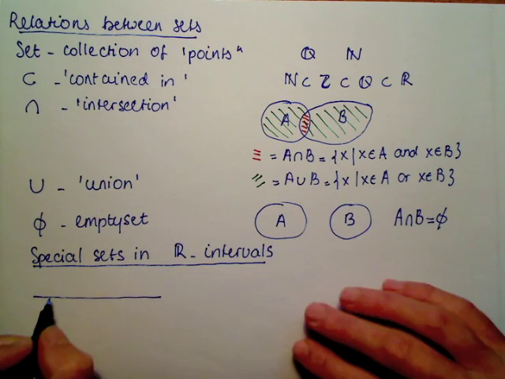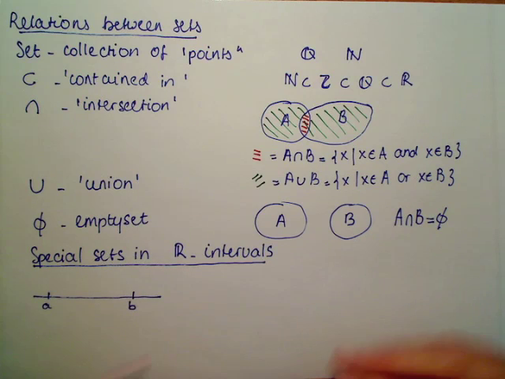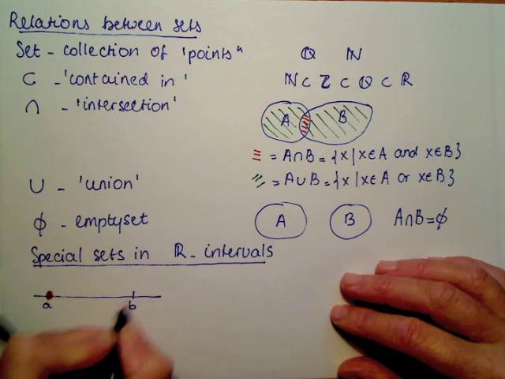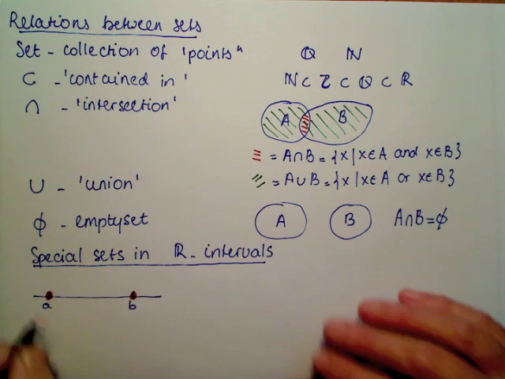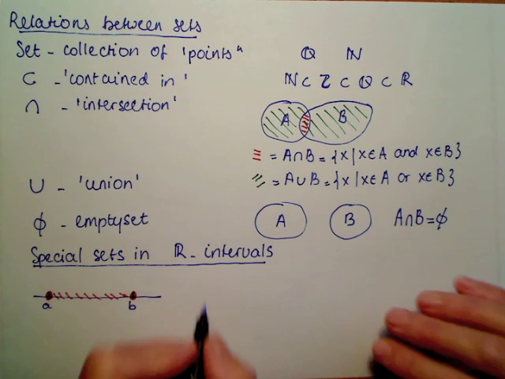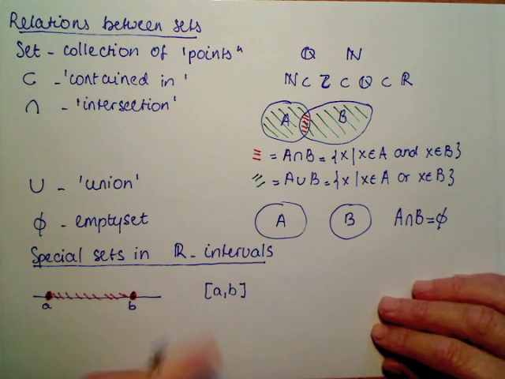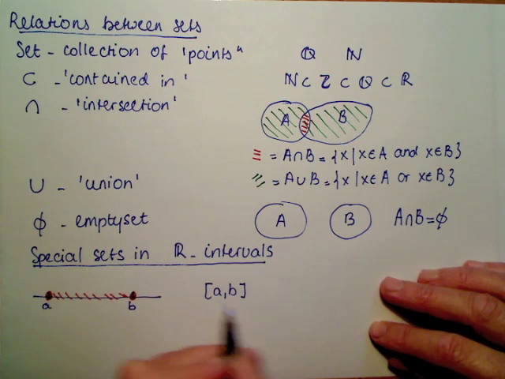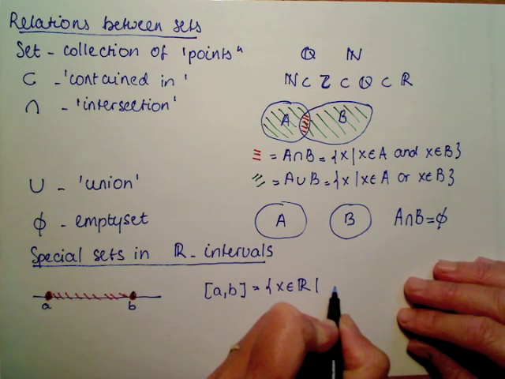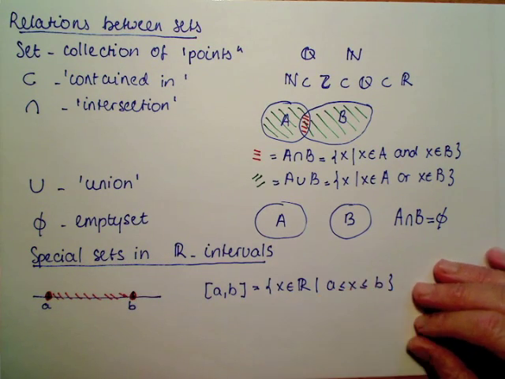Let us specify two numbers A and B, A smaller than B. Then the points between A and B can include the endpoints A and B. This collection of points is denoted by writing the numbers A and B with square brackets. Formally, we can describe it as the collection of points x, where x is greater or equal to A and smaller or equal to B.